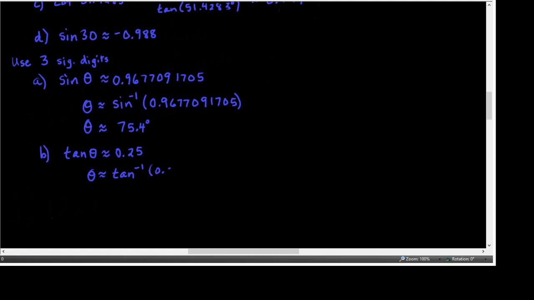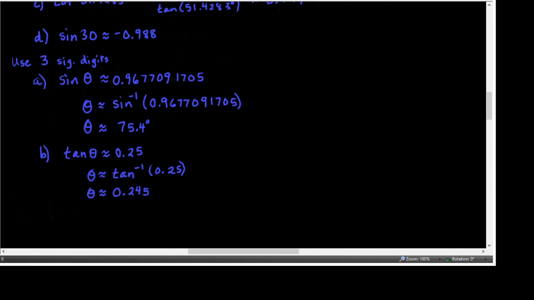At any rate, tangent inverse of the answer 0.25 will give us the angle that we're looking for, and you should get 0.7972, 3 significant digits. Okay. There we go.